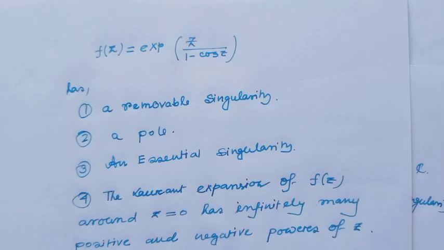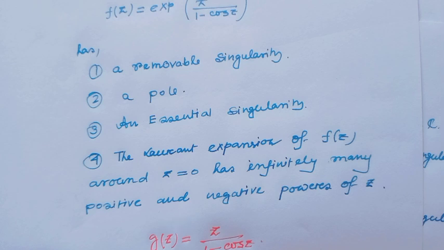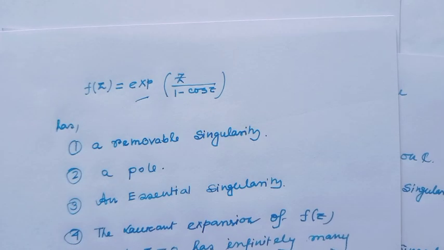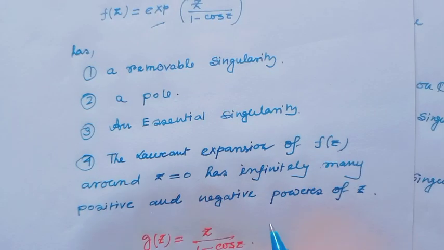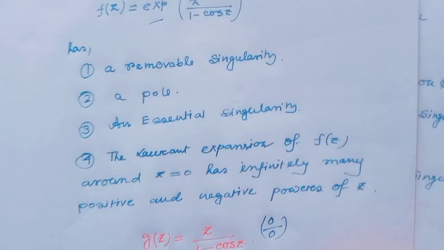f(z) equal to exp z over 1 minus cos z has a removable singularity, a pole, an essential singularity. The Laurent series expansion of f(z) around z equal to 0 has infinitely many positive and negative parts. Consider g(z) equal to 1 minus cos z. Here given f(z) equal to exp of z over 1 minus cos z, and this is of 0 over 0 form.